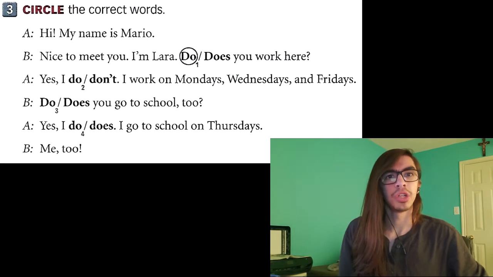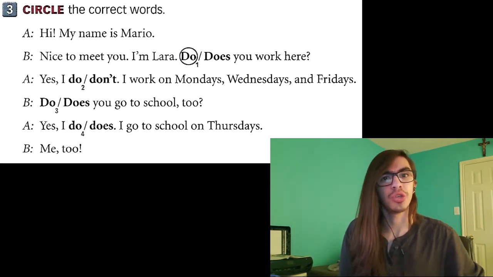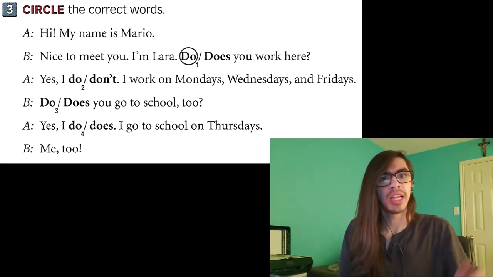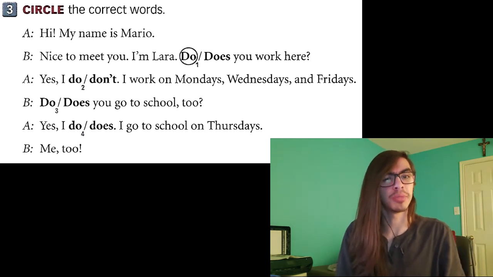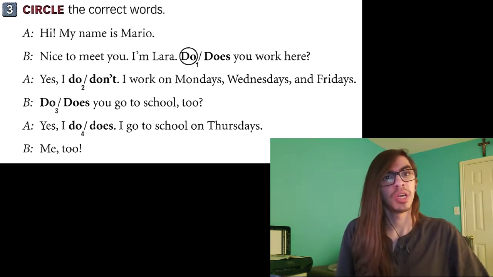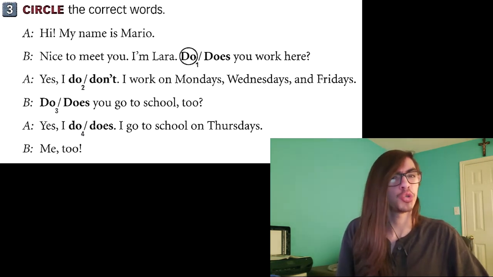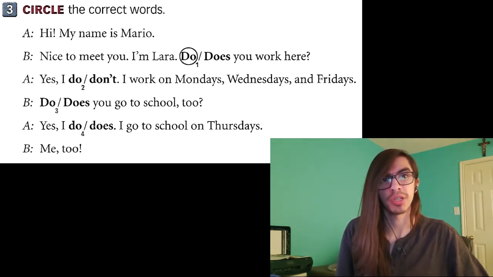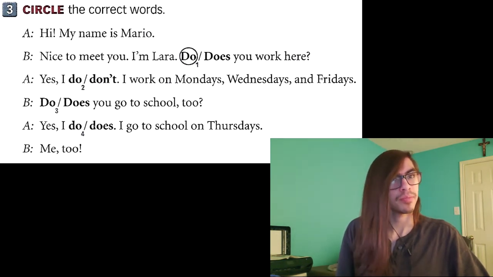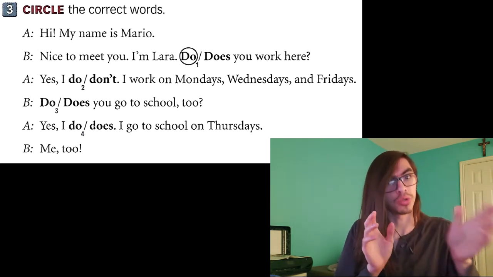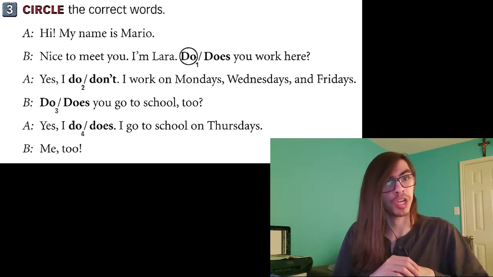Now that you've looked at the chart and you've gotten some practice with sentences, let's go ahead and practice with some conversation. In this case, we're just going to read this conversation and we're going to try to pick the correct words. Las palabras correctas, okay? In this conversation, there's a lot of words that are like do or does or so on. It's your job to pick the correct one.